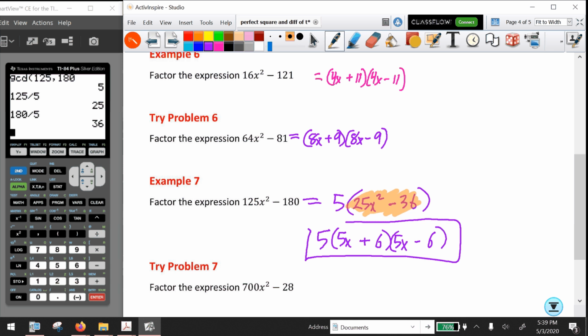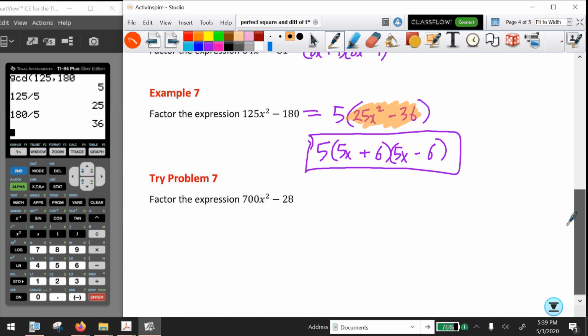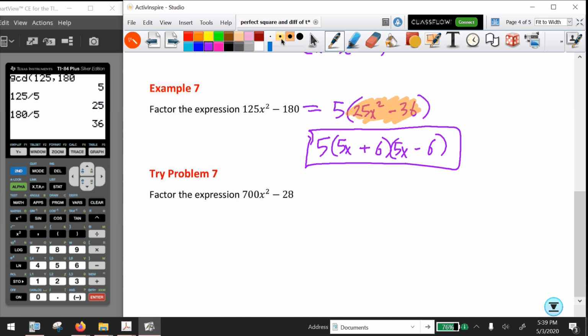And if there's any problem that might give you trouble in the Math Excel, it's this type. It's probably a little tricky, but you'll be fine now. You can give yourself a chance to try this on your own. If you want, you can pause the video, give this one a try. Is 700 a perfect square? Nope. Is 28 a perfect square?